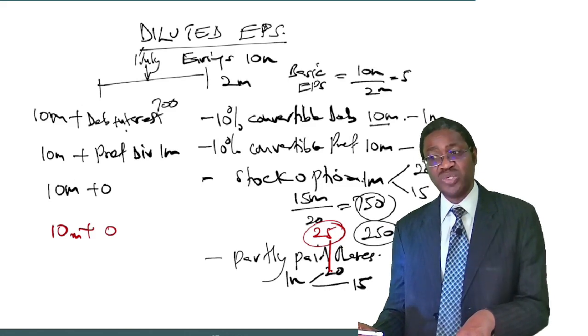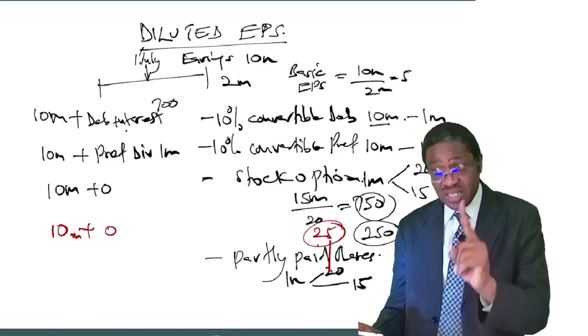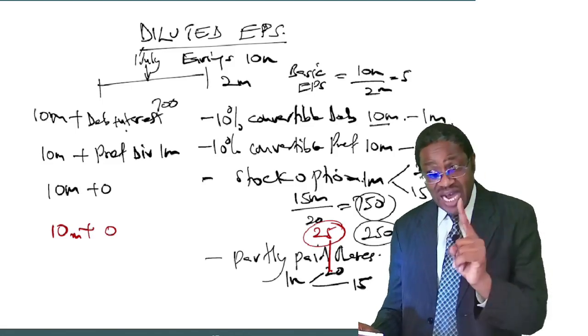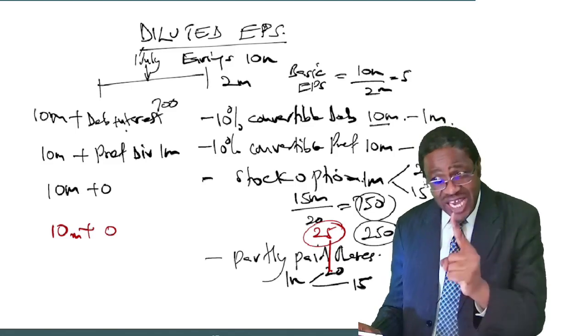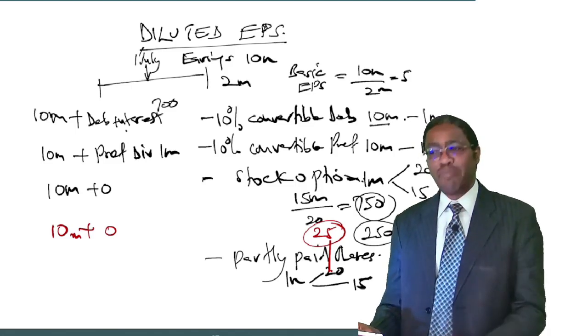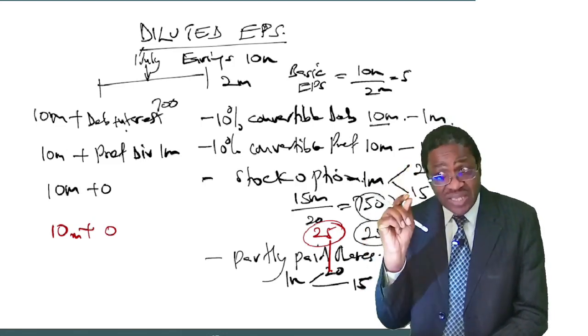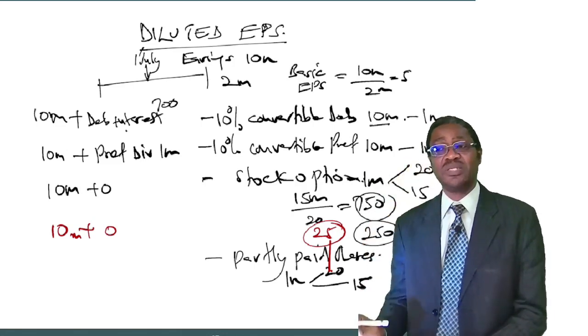No. We said to the 2 million shares, you will add the bonus share element in the partly paid shares.